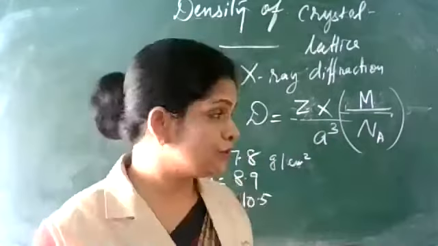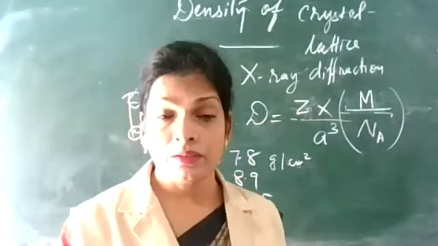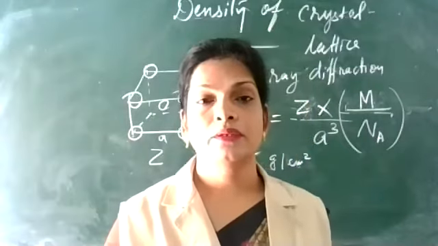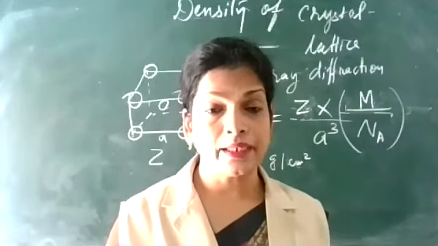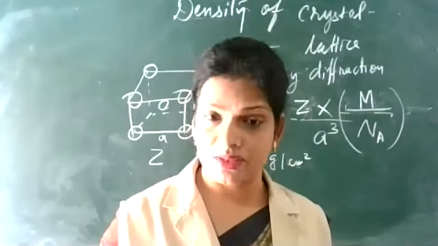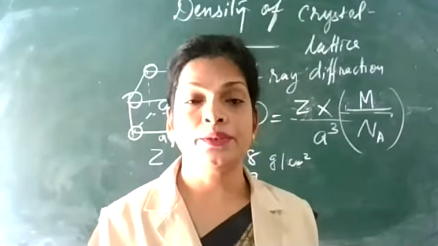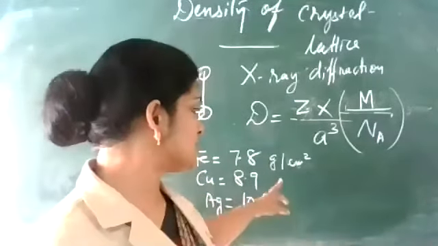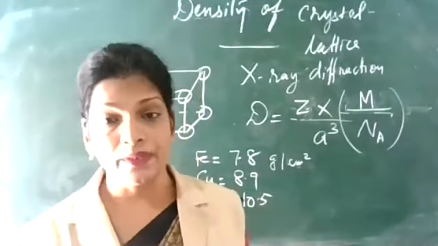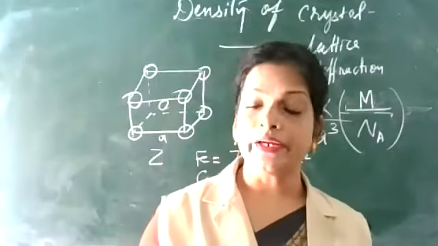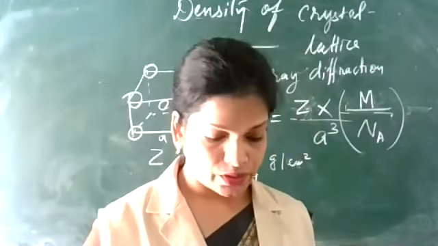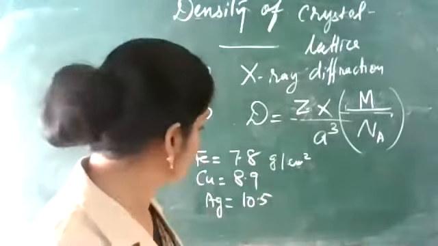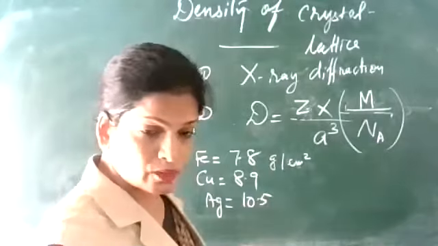Alright. And one more thing, edge length is to be substituted in terms of centimeter. Picometer or angstrom may be given; convert that into centimeter because density we have in grams per centimeter cube. So d is equal to, substitute all these things.